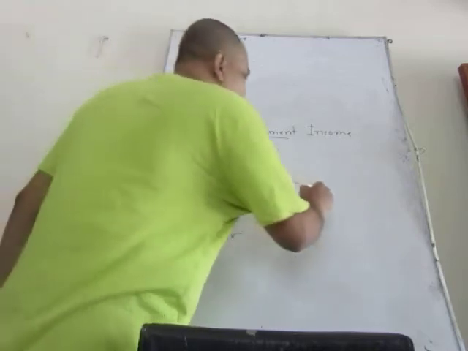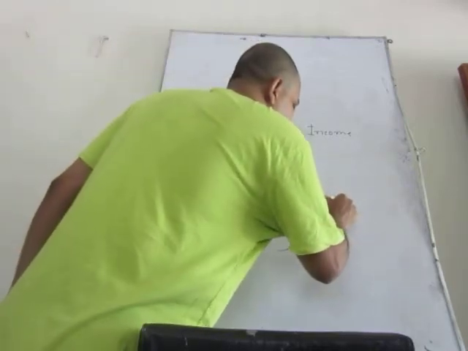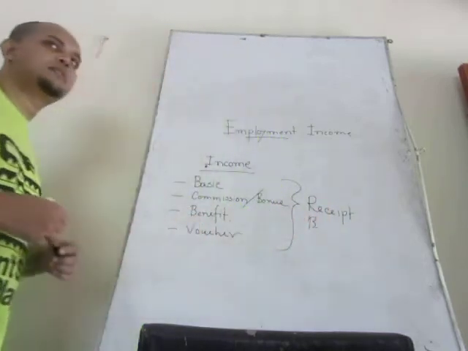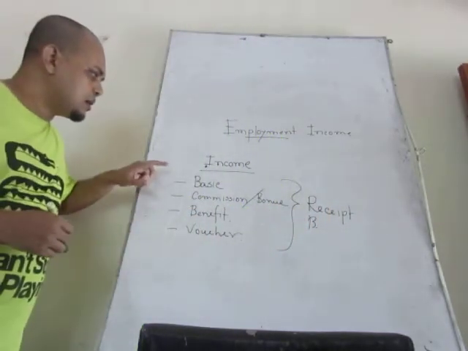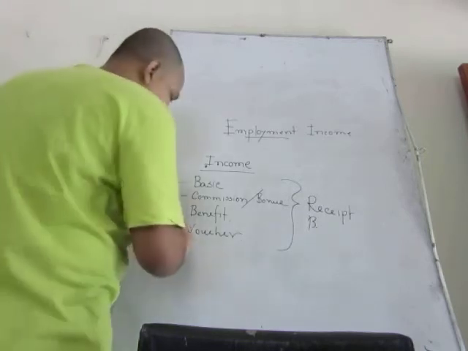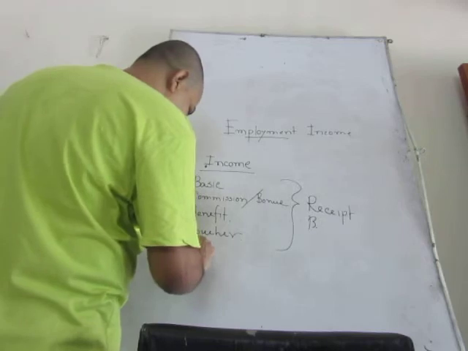Now the important thing you have to memorize: to calculate this income, you have to go on a receipt basis. What do you mean by receipt basis? That is basic, commission, benefit, voucher, or even reimbursed expenses.